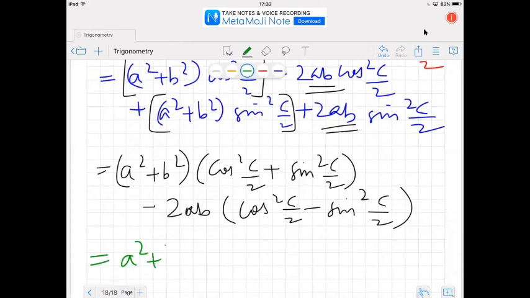So I'll have a square plus b square multiplied by 1. And I'm going to now use the formula for cos square theta minus sin square theta. Cos square c by 2 minus sin square c by 2 is equal to cos c.